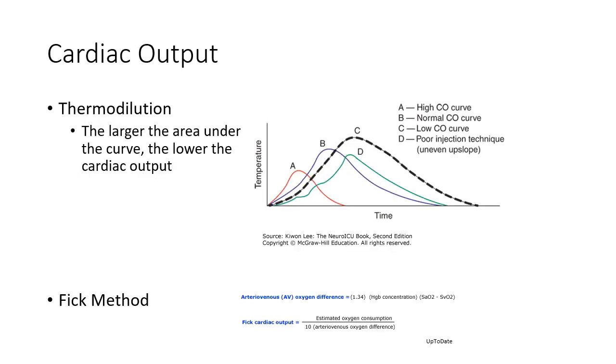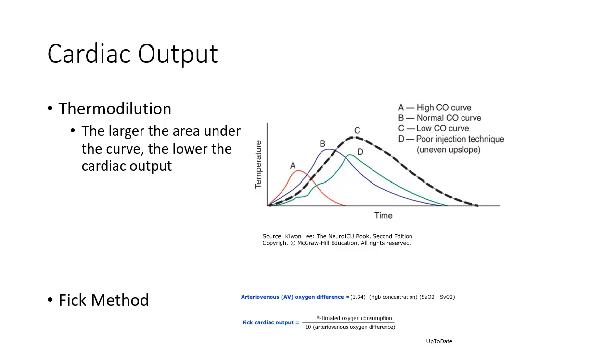So when we talk about measuring cardiac output through a Swan-Ganz catheter, the two main methods are thermodilution and the Fick calculation method. When we're talking about thermodilution, there are different brands of catheters, but you're injecting cold saline through the catheter that will float through the heart as the heart beats and make its way to the distal end of the catheter, where it measures the temperature of the blood that it sees.